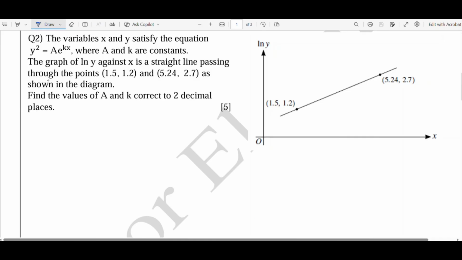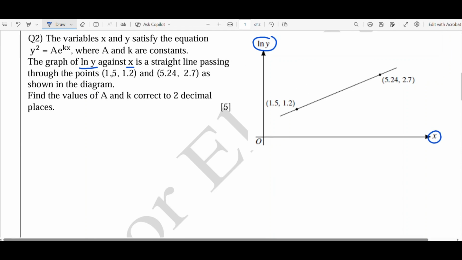Question number 2. The variables x and y satisfy the equation y squared equals a times e to the power kx. A and k are constants. The graph of ln y against x is a straight line that passes through the points (1.5, 1.2) and (5.24, 2.7), as shown in the diagram. If you look at the diagram, the output is ln y, the input is x.